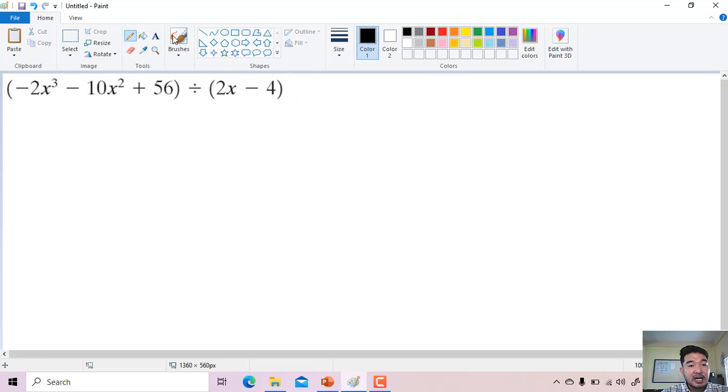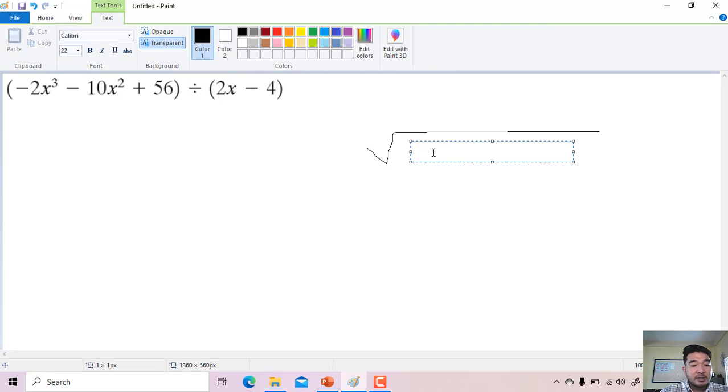So let us draw once again the division symbol, and then we write our given here. You have negative 2x cubed minus 10x squared, and then yung idadagdag natin plus 0x.